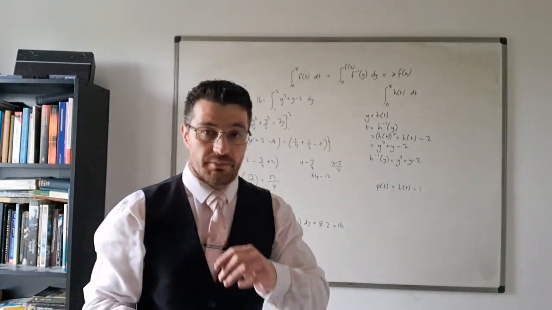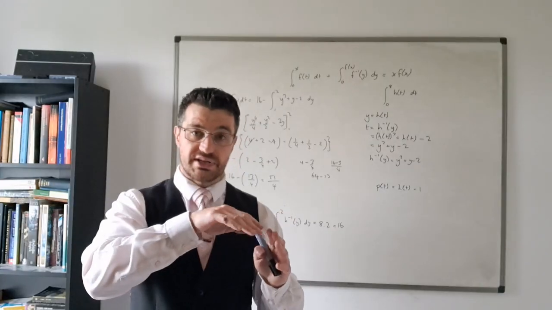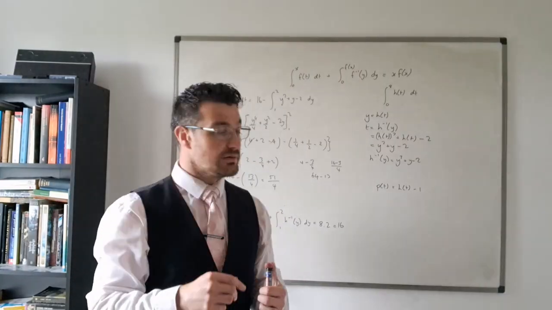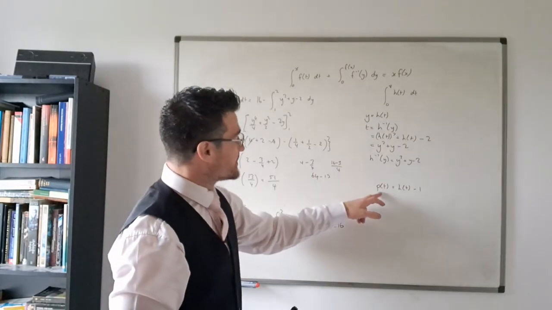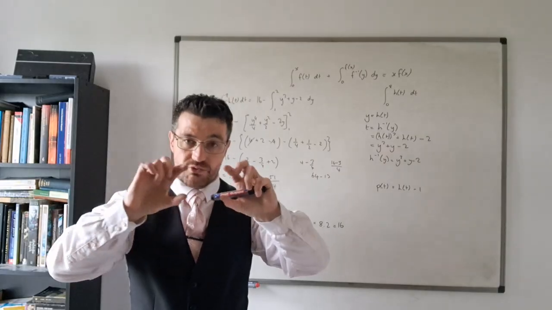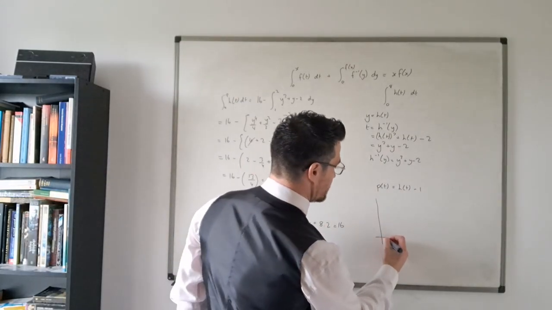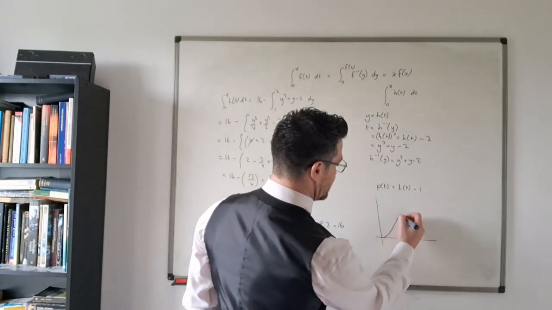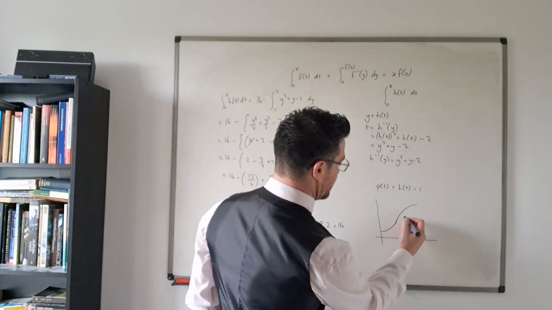Okay, because then p of t will go through the origin, its gradient will be greater than 0 for all values of t. I would have been able to use this on p of t, but what I would have had a bit of a rectangle. So think about it. This was no, that wasn't the diagram that I drew. This is the diagram that I drew for h of t.